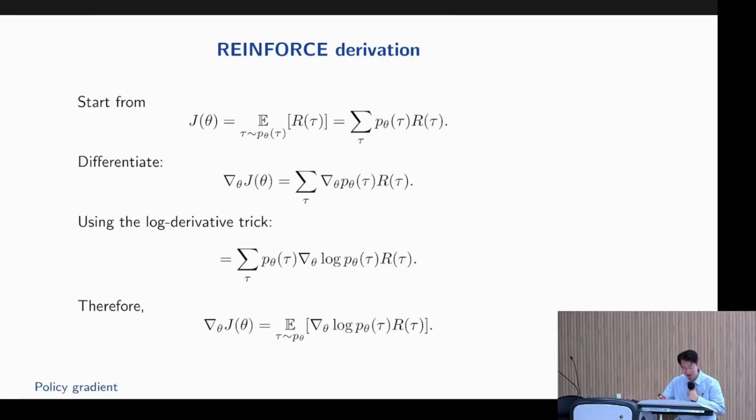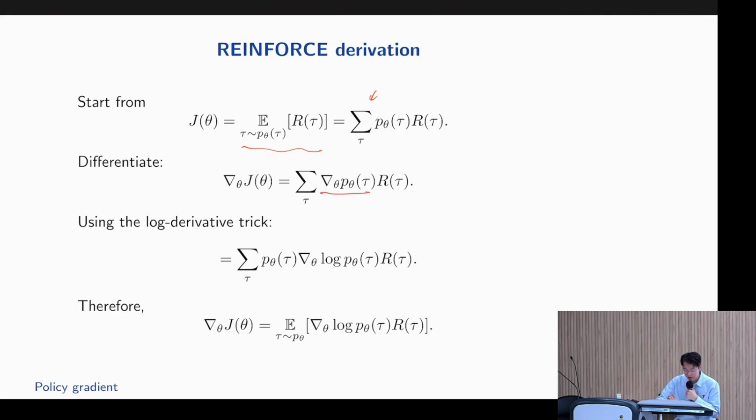Okay, so let's use these lemmas and derive REINFORCE. Our ultimate objective is the expected return following this policy. Let's just rewrite the expectation as a sum. I'm going to differentiate it with respect to theta.